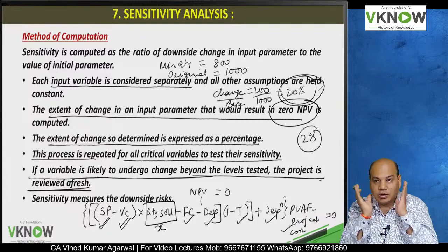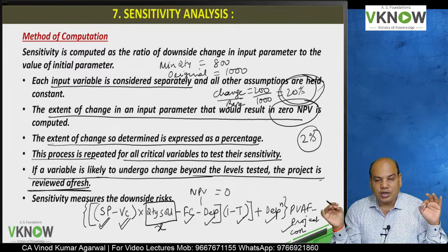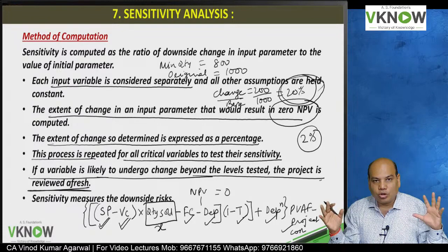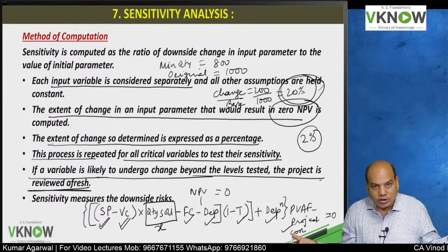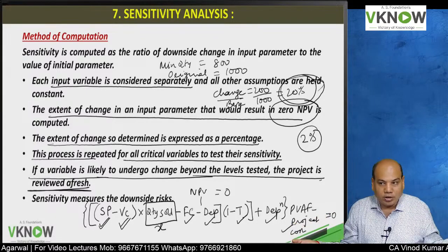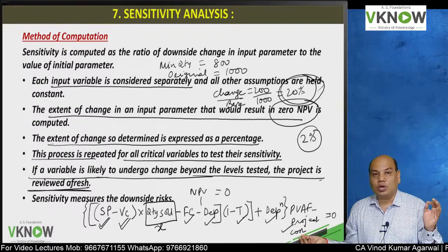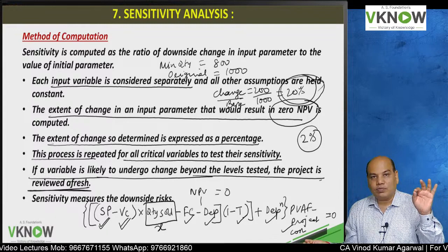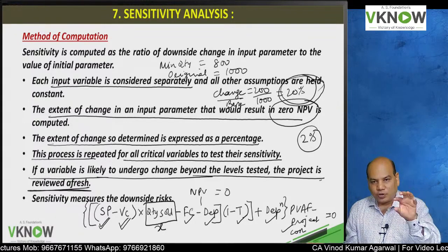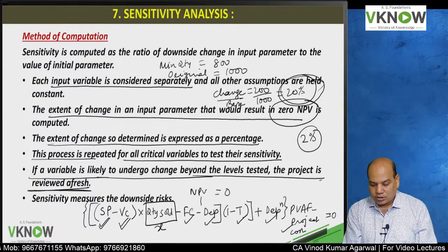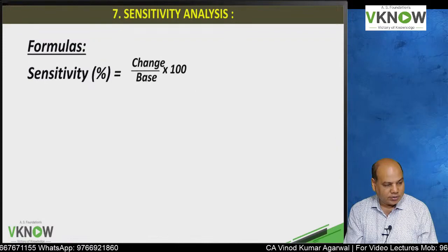Even though it is generating positive NPV right now based on 1000 quantity, if the quantity falls by just 20 units, which is very much possible in future, my project can be a loss making project. So I will think twice when I find that the percentage change for a particular variable is very small. Sensitivity always measures the downside risk, not the upside gain.